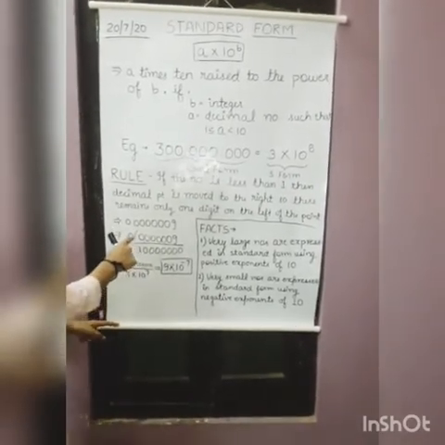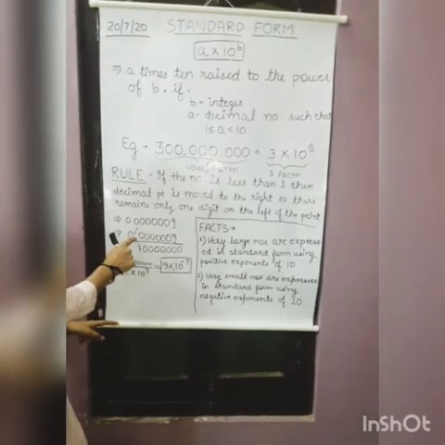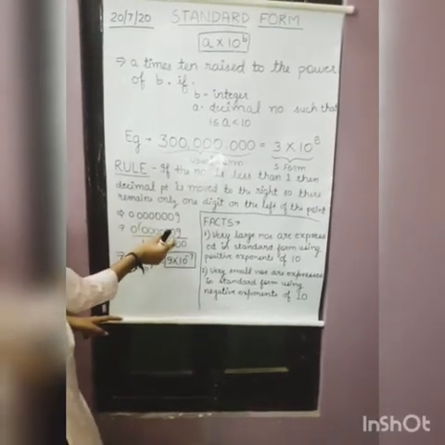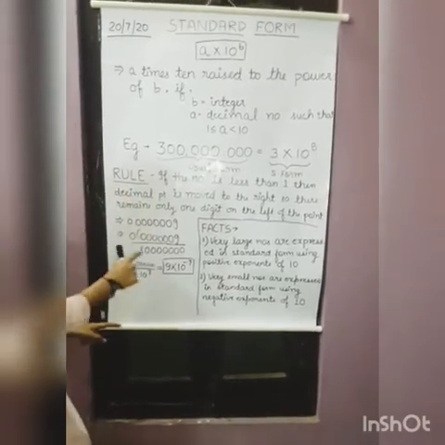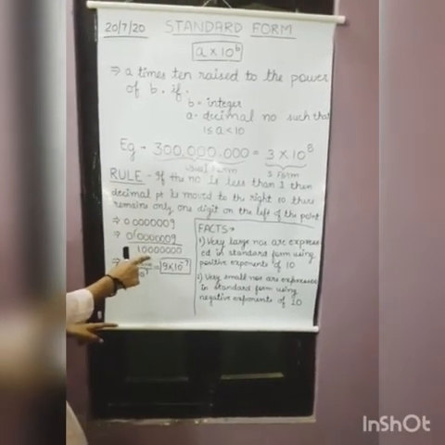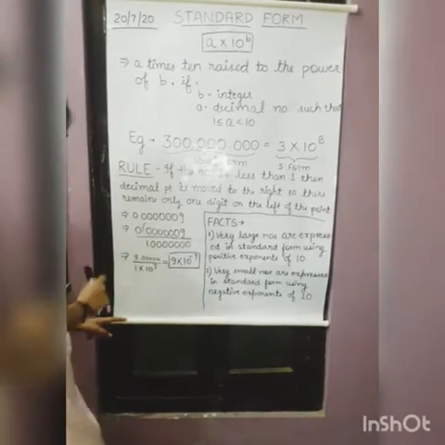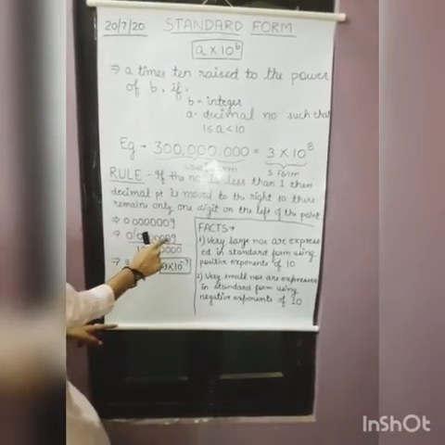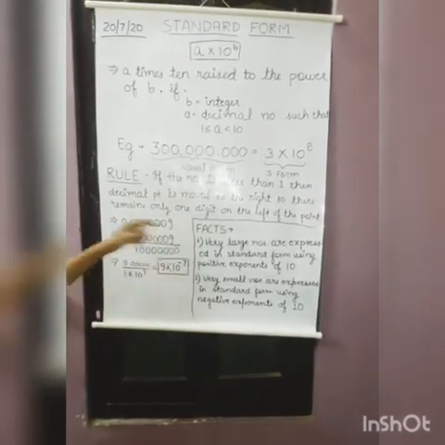Now, as I am removing the point from here and shifting it to the right hand side, the number of places that I move on the right hand side, I'll add that many zeros in the denominator, like 1, 2, 3, 4, 5, 6 and 7.